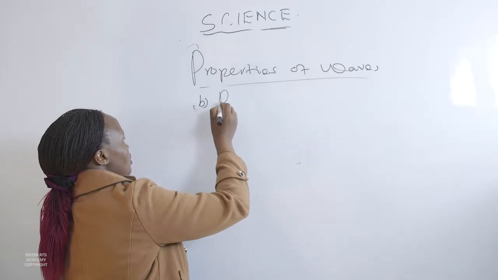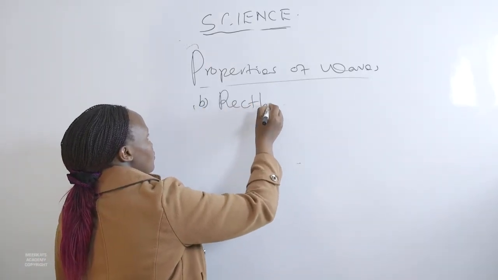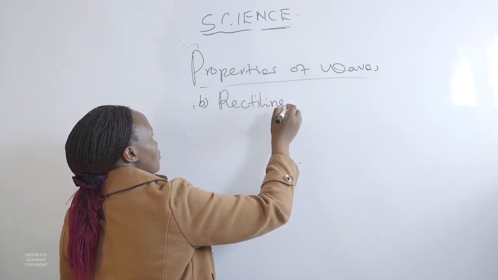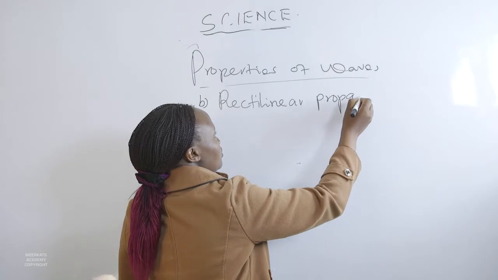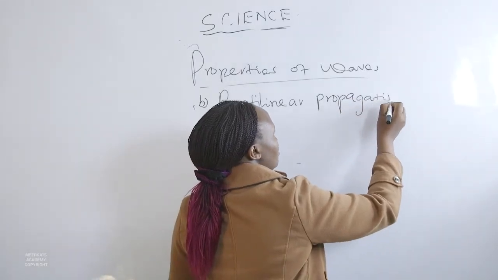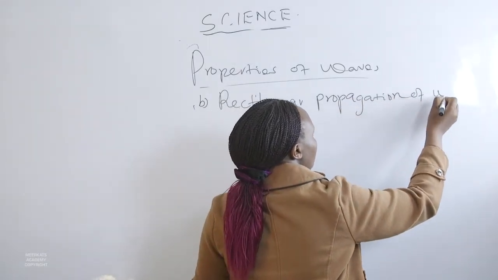That's a wave front. And property number 2 is rectilinear propagation of waves.